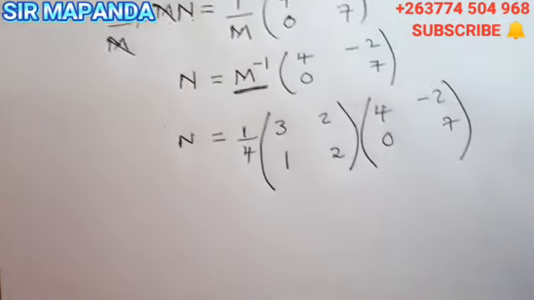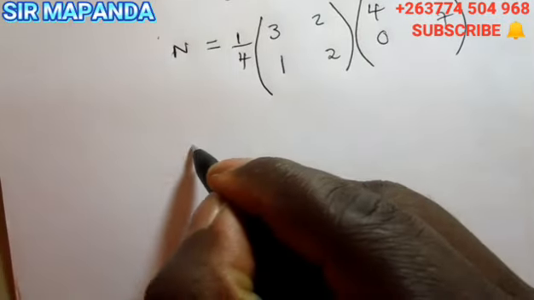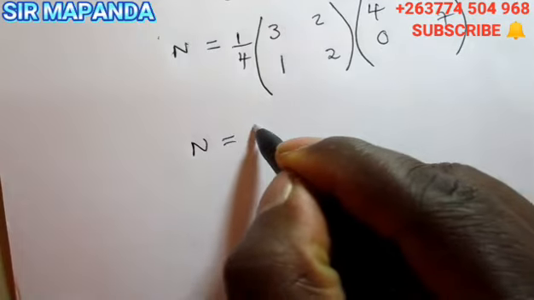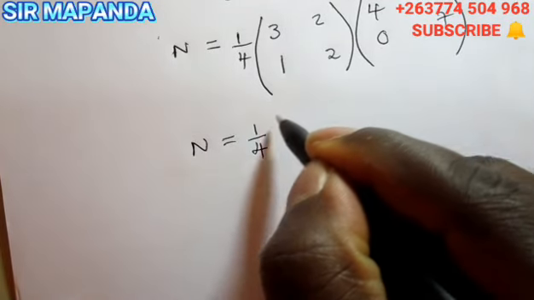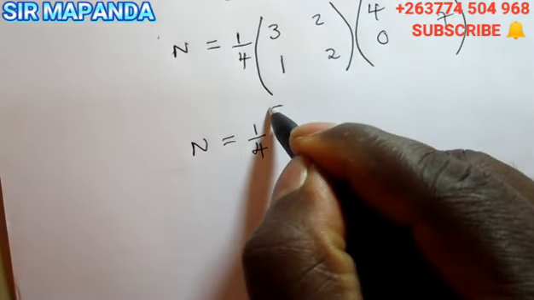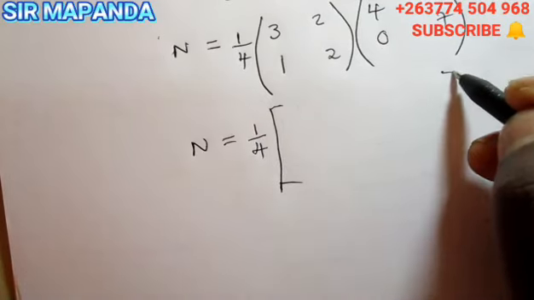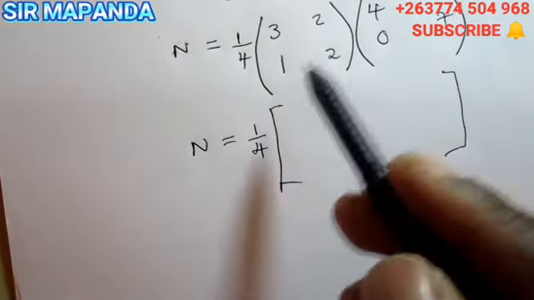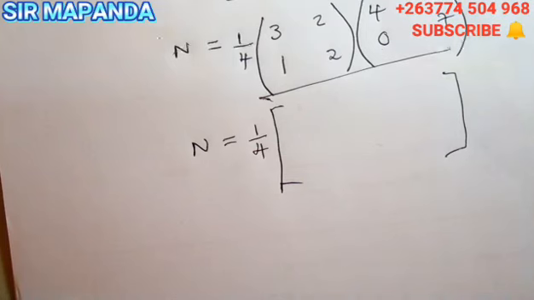So to multiply, you start by holding this 1/4 outside the bracket so that you multiply the 2 brackets in front first. I hope you are listening, class.